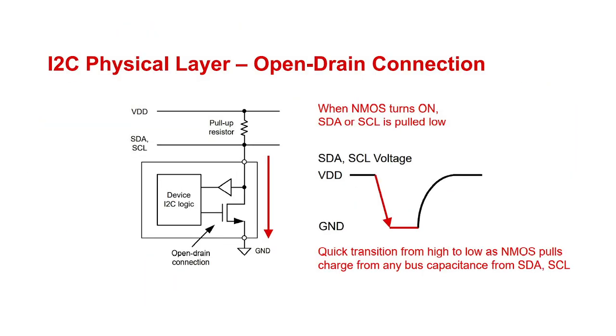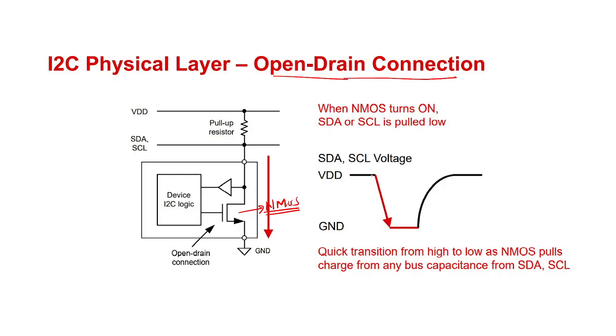Next, if you see the physical layer, there is an open drain connection. Open drain connection means inside there will be an NMOS pass transistor.